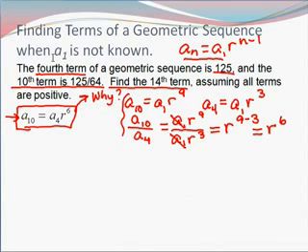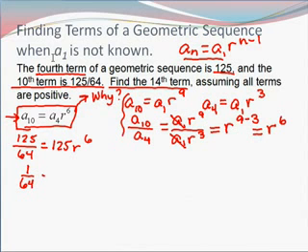But first, we just need to plug in the 10th term is 125 over 64, and that's going to equal the 4th term, which is 125 times r to the 6th. Now I divide both sides by 125, and I get 1 over 64 equals r to the 6th.